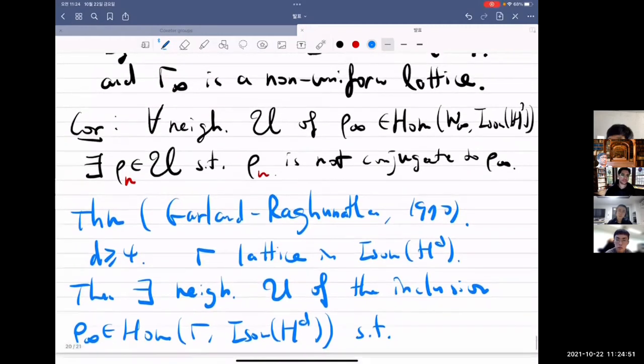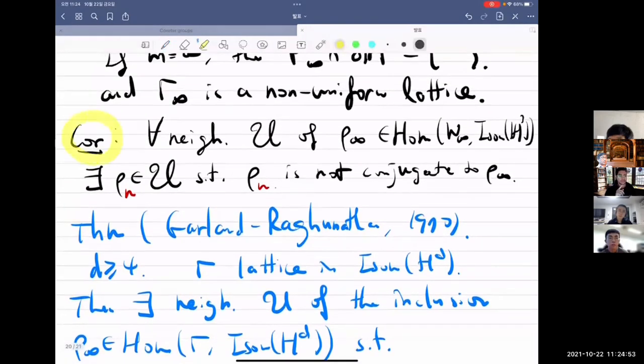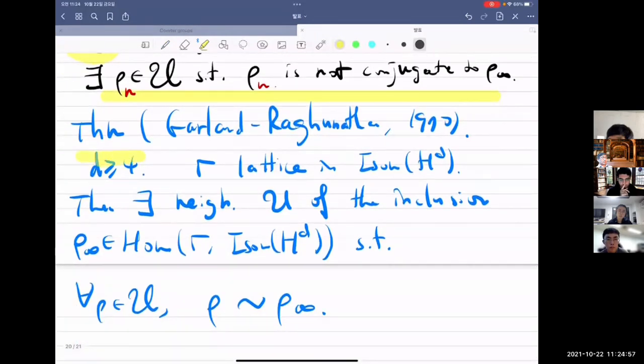So the previous situation never happens in dimensions bigger than or equal to 4.